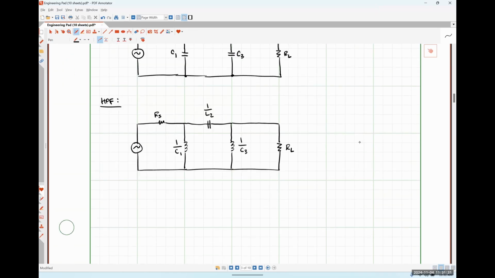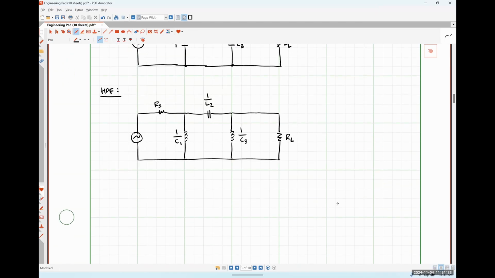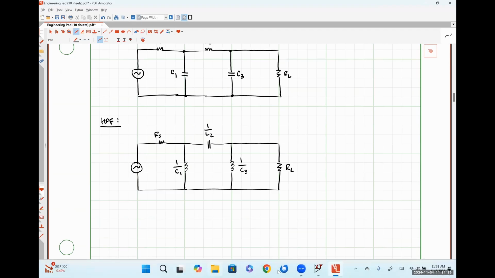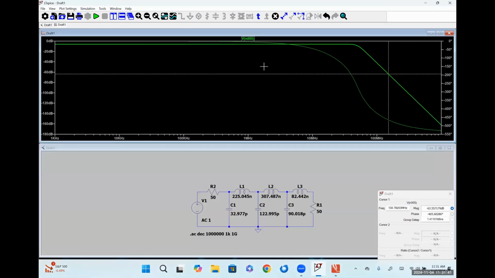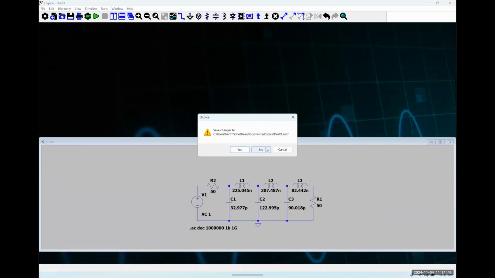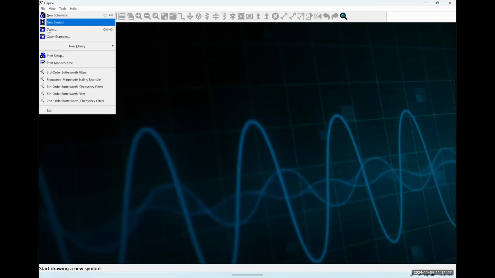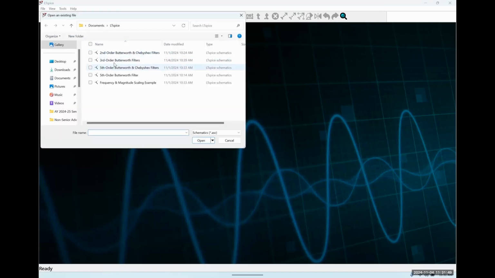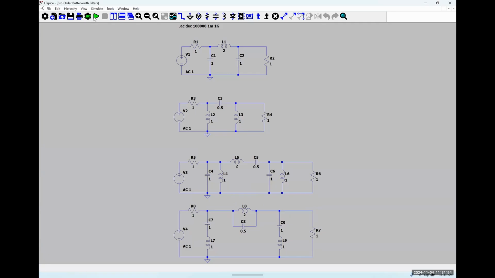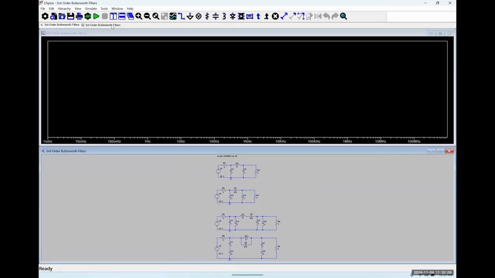What about a band pass filter? It does. So let me prove it. I've already got the band pass and band stop on here, but let's just run a quick simulation.